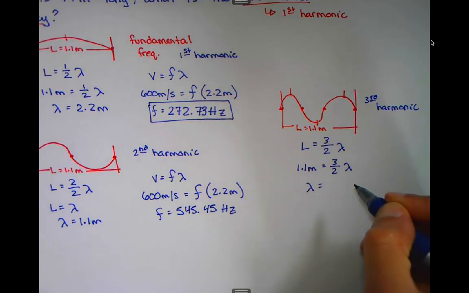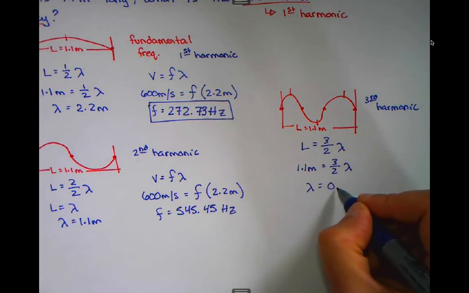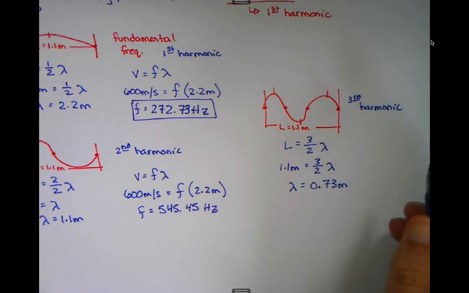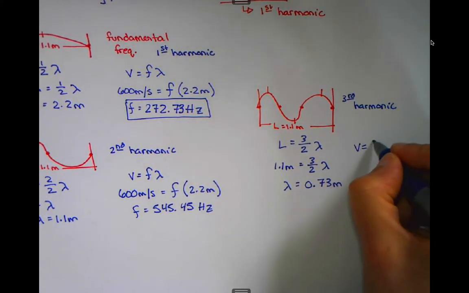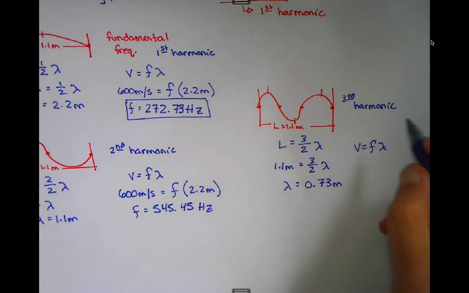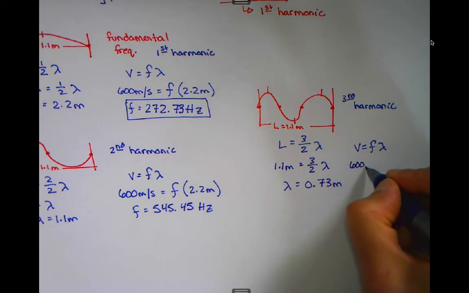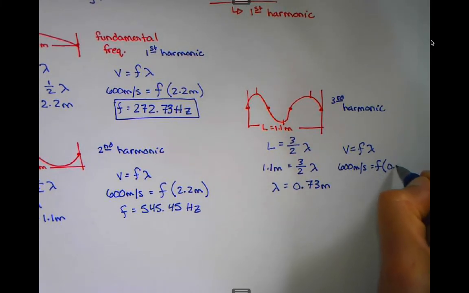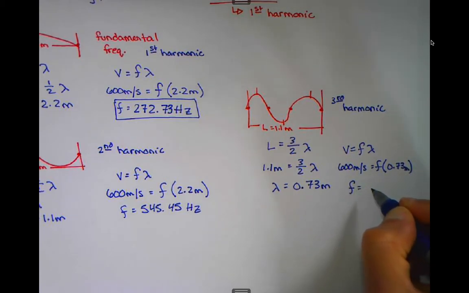So my wavelength now is getting smaller, 0.73 meters. Then again, using v equals f lambda, I can find the frequency of that third harmonic. With 0.73 meters, my frequency comes out to be somewhere around 821 hertz.